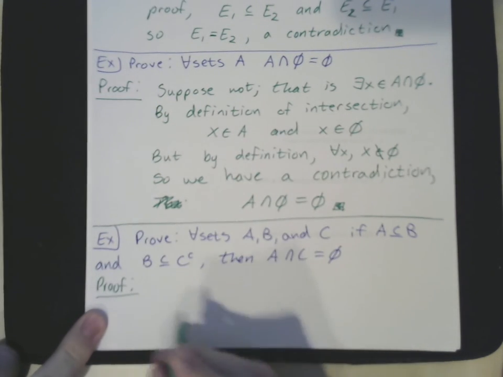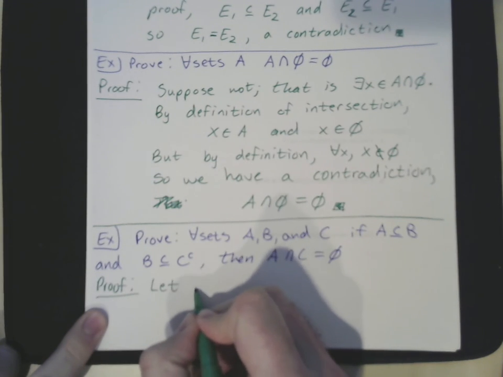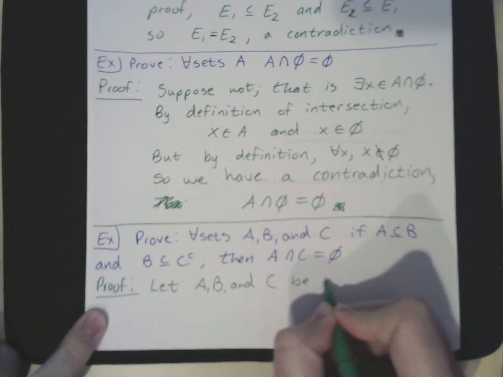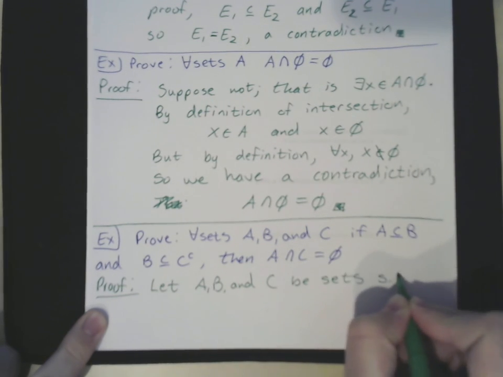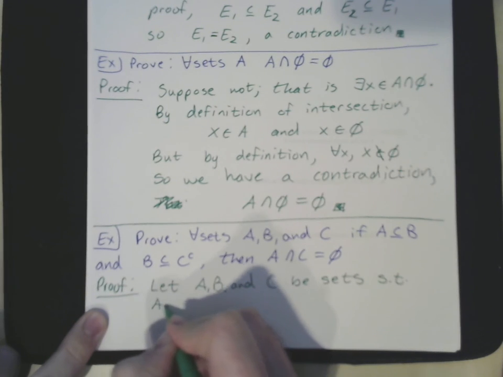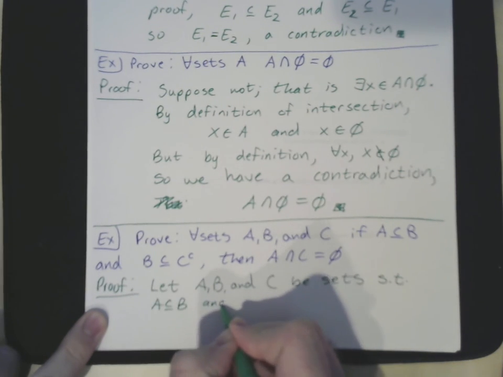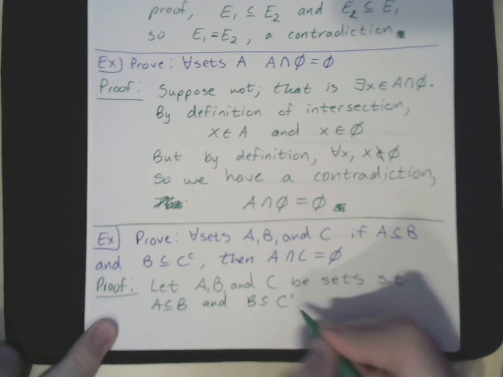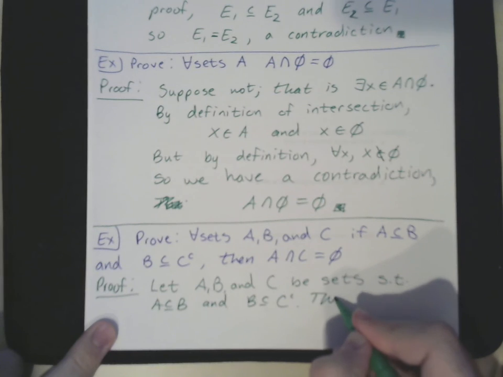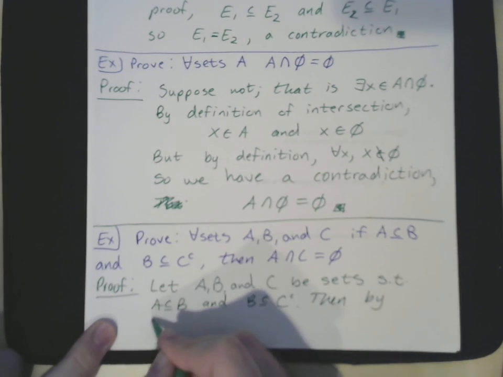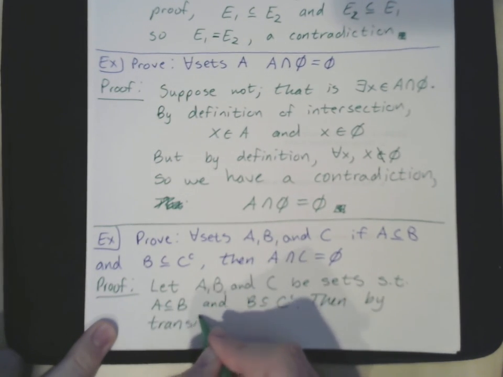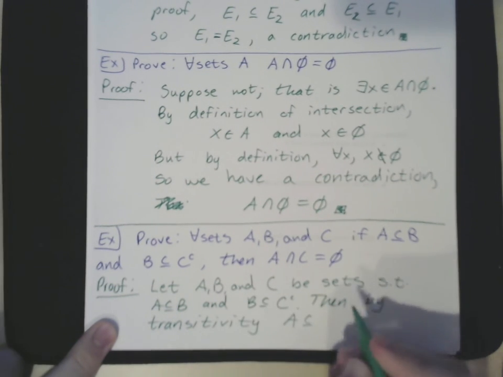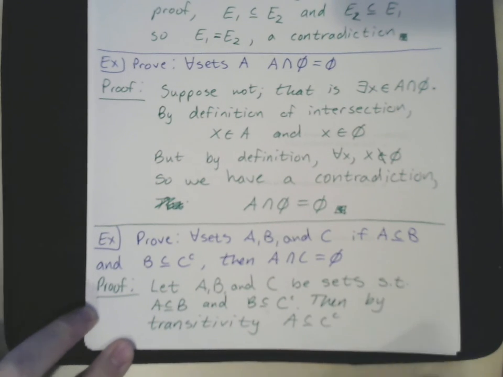Let's start with the direct proof. We'll let A, B, and C be sets such that A is a subset of B and B is a subset of C complement. Then, by transitivity, we know that A is a subset of C complement.